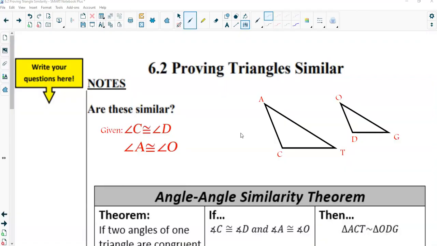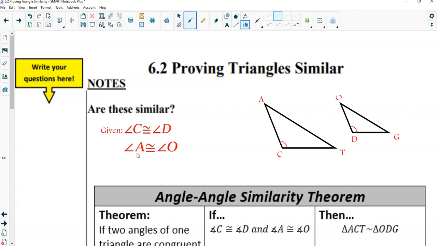Okay, let's take a look at these two triangles, triangles ACT and ODG. Are they similar? Well, given information is that angle C is congruent to angle D. So I could mark that on the picture, right? Angle C, right here, is congruent to angle D, right here.